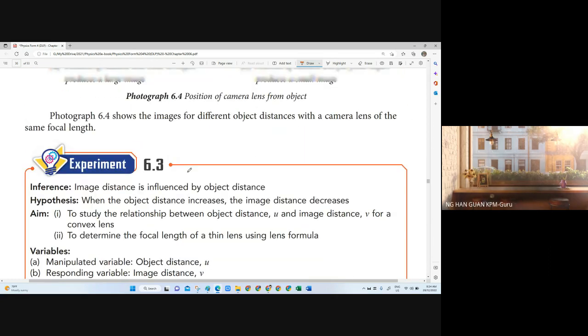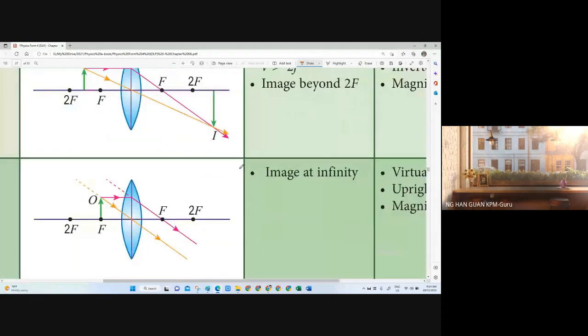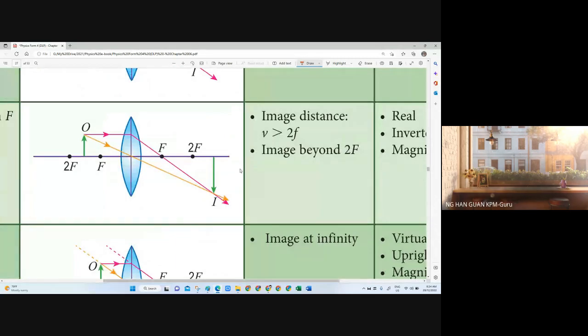This is the one that yesterday I didn't discuss. Based on this ray diagram, from the diagram we see the image is forming here. So when we have the screen here, just like the experiment they show in the next chapter, there is a holder holding the lens, and we have the object put here. They are all arranged in a parallel line.